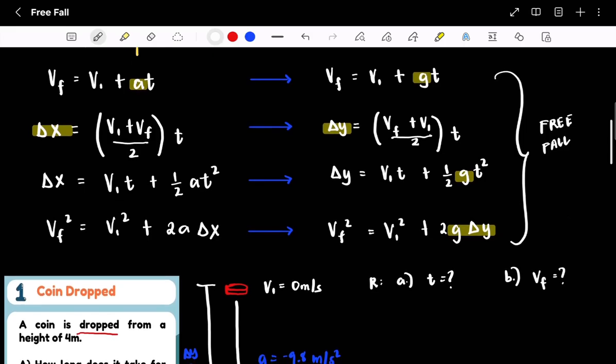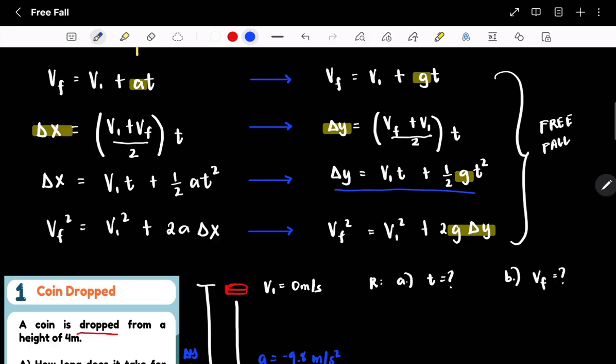Let's say unknown number 1, which is time. You can either choose first, second, third, but always choose the equation that will be shortest and most efficient to use. If I observe the equations closely, I would say it's kinematic equation number 3.